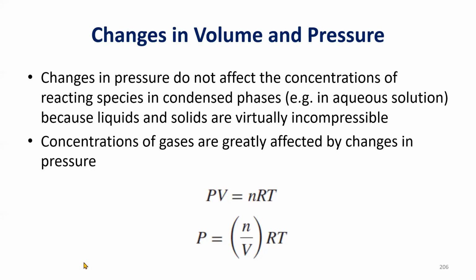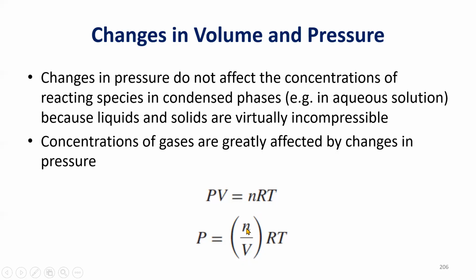Because if you compress the gas, or if you increase the pressure of that reaction system, it means that you are reducing the volume. So therefore, this will affect the concentration.